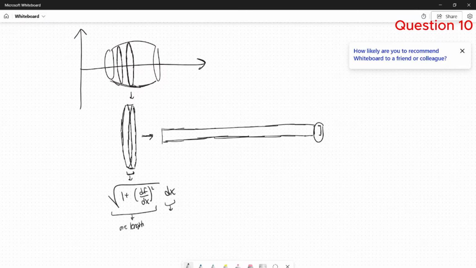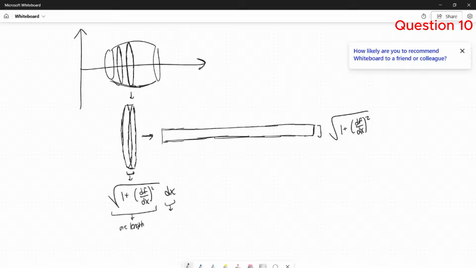The reason you need the dx in front is that with this formula you're calculating the arc length at any point, but the arc length at a point doesn't make sense. You need to actually travel a certain distance to calculate an arc length. So I'll transfer that over here. This dimension would be the square root of 1 plus (df/dx) squared.